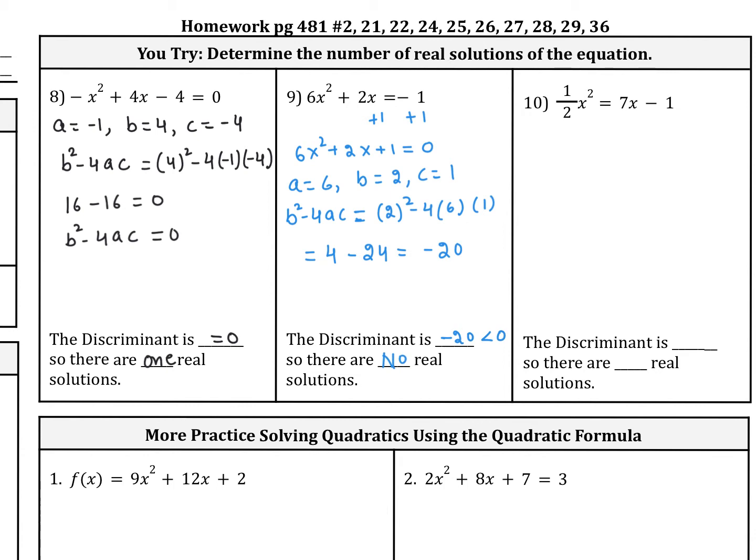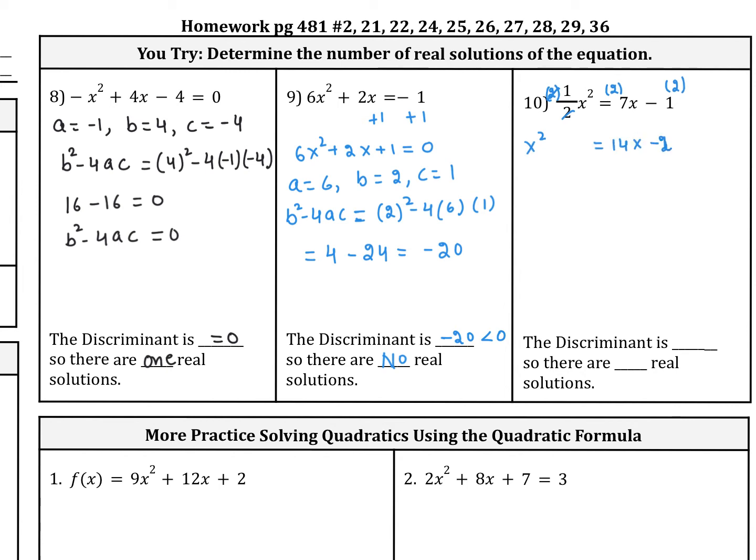For number 10, first of all, I'm going to remove the 2 from the bottom. So this is a fraction, so I'm going to remove the fraction by multiplying the 2 with each and every term. So 2 and 2 cancel. X squared equals 7 times 2 is 14x, minus 1 times 2 is 2.